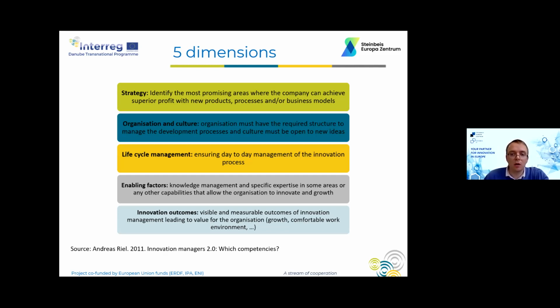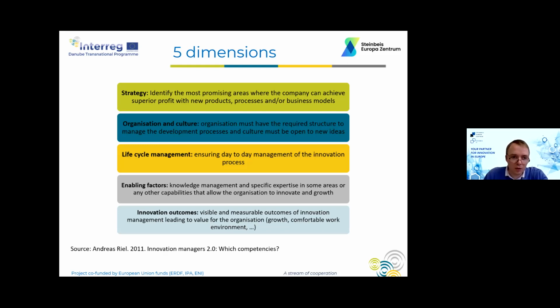The way you are working with your employees, with your colleagues, you should have a culture of innovation, meaning your organization should be structured in a way that innovation and information and knowledge sharing is facilitated.